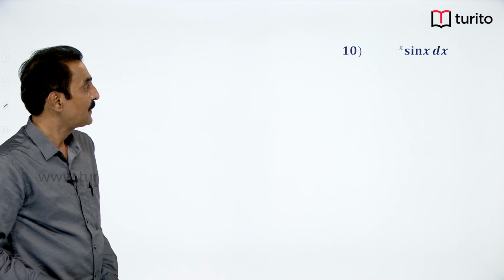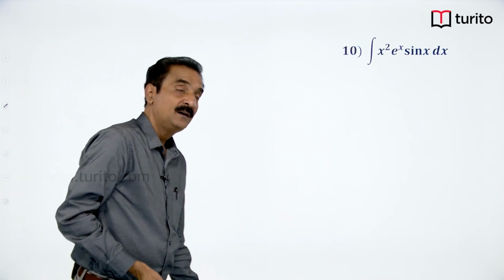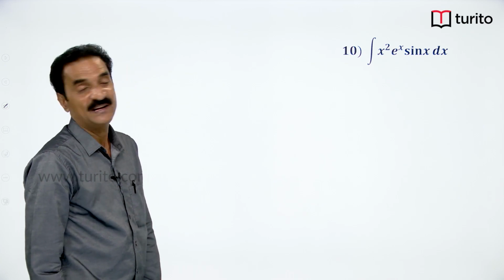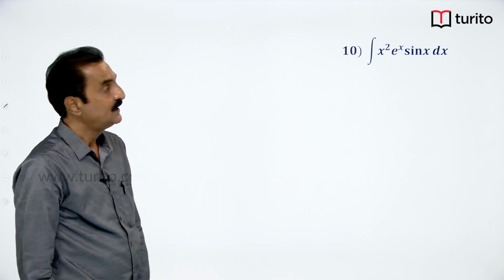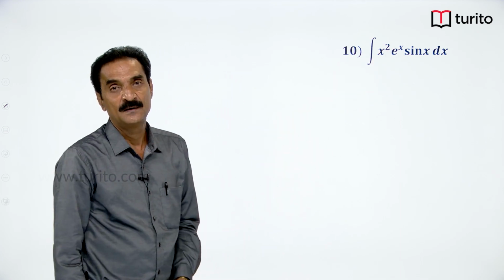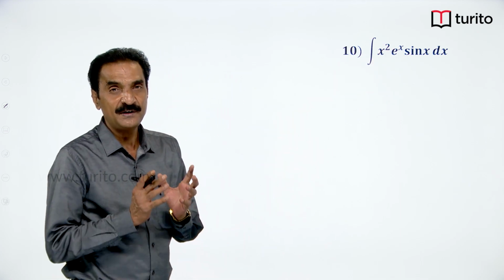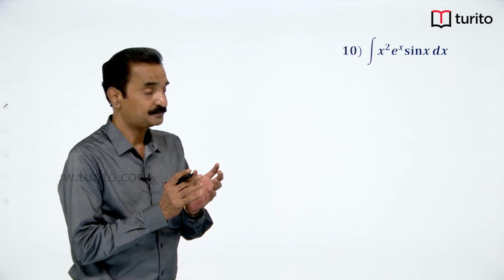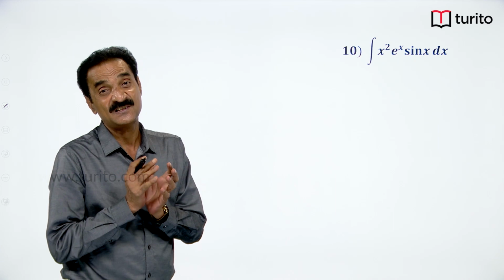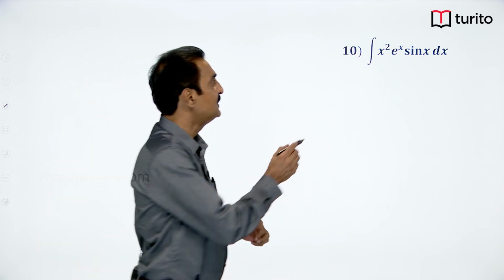Next question, integral x square into e power x sin x dx. It is a product of three functions. We have to integrate by parts. For integrating by parts, we have to select the first function and second function.